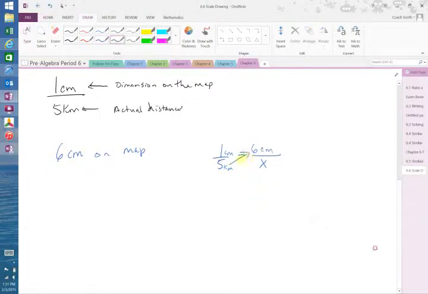We multiply across from bottom to top on both fractions, and that gives me 1 times x is equal to 5 times 6. Now, in realistic terms, let me rewrite that with all the labels in there. You have 1 centimeter times x kilometers equals 5 kilometers times 6 centimeters.